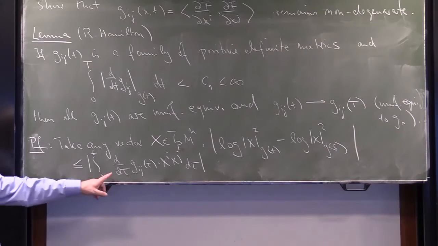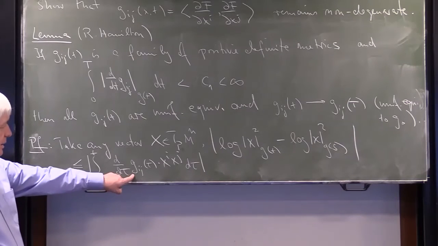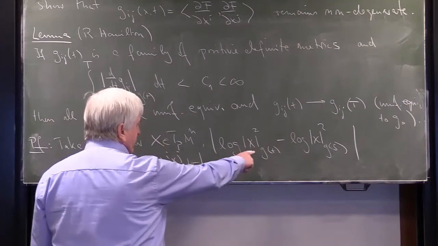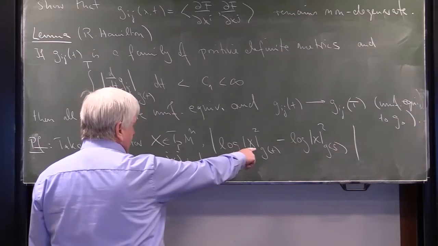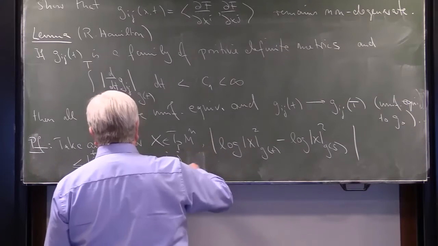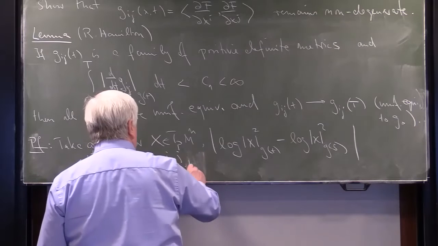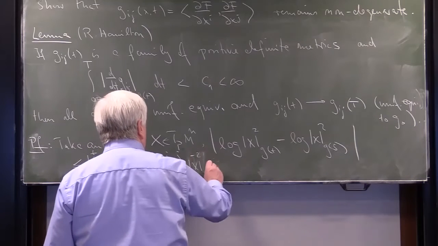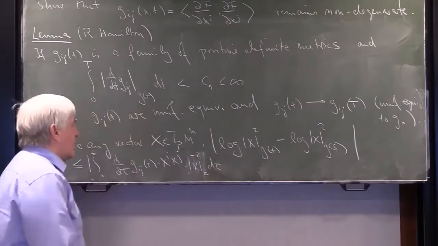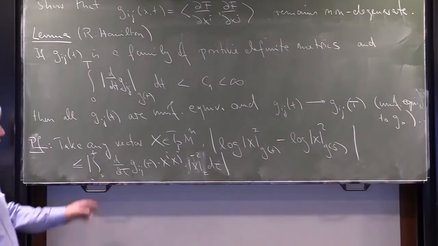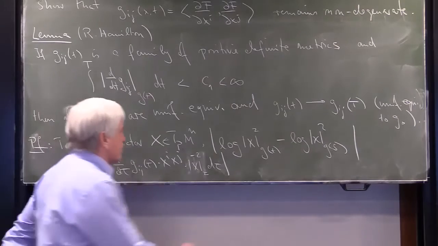And I forgot here d/dt because I'm taking the logarithm, so I'm getting an x squared in the denominator. So if I now apply the Schwarz inequality, I get exactly this integral.